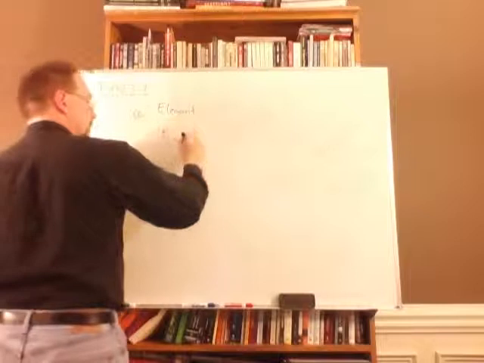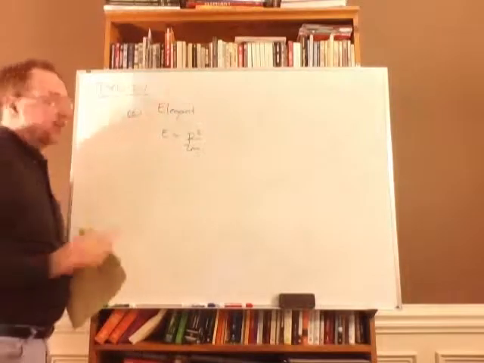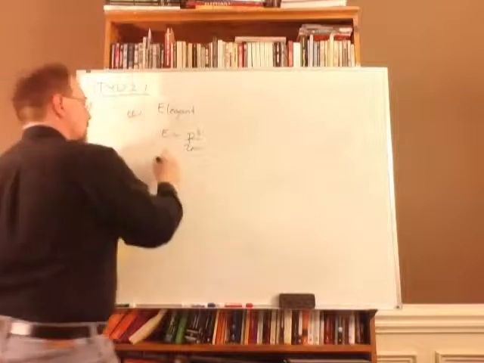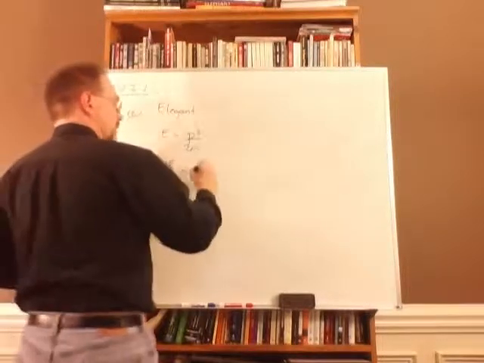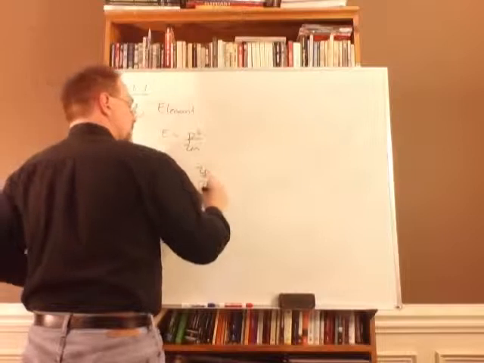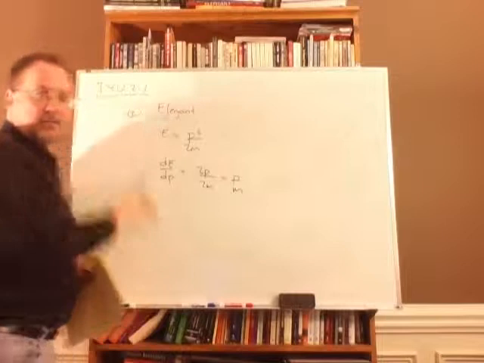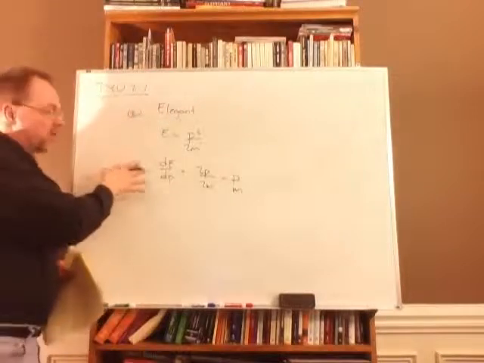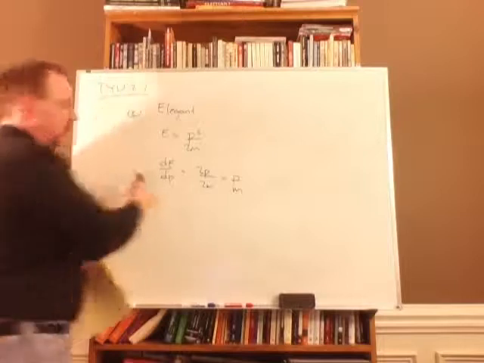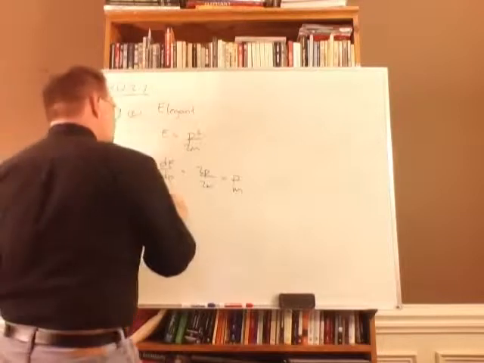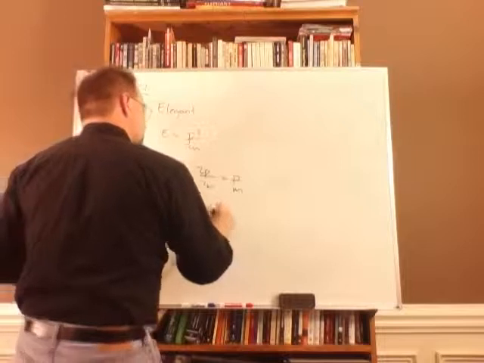E we know as P squared over 2m. If we take the derivative of E with respect to P, we get dE dP, in Leibniz notation, 2P over 2m, so this is P over m. And now we treat the derivative, the numerator and denominator, as separable parts, differentials, and we get dE is equal to P over m times dP.